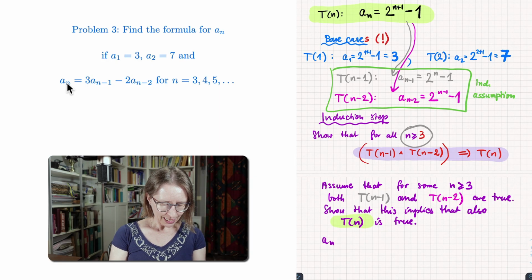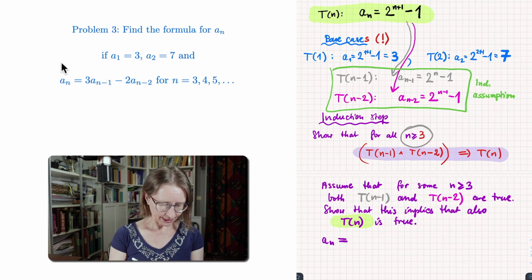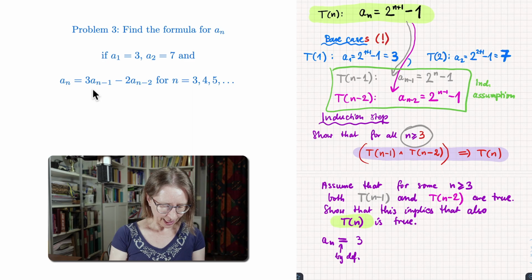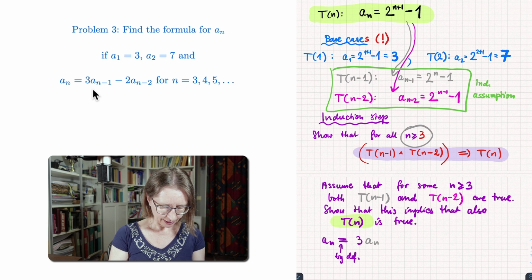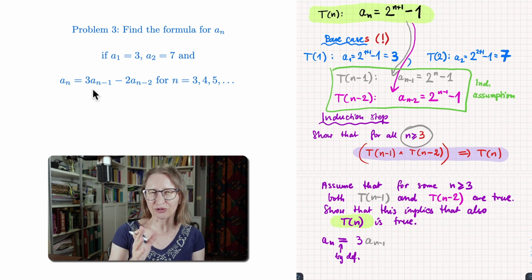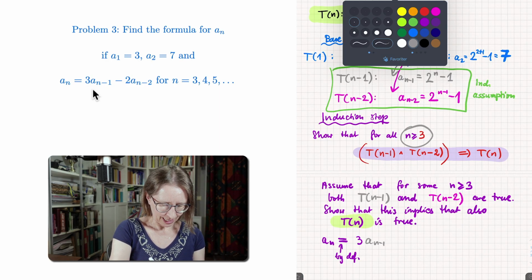Okay, so a n is, by definition of our sequence here, equal to 3 times, and now I will write a n minus 1 in gray so that you know what I have to put instead of this element.